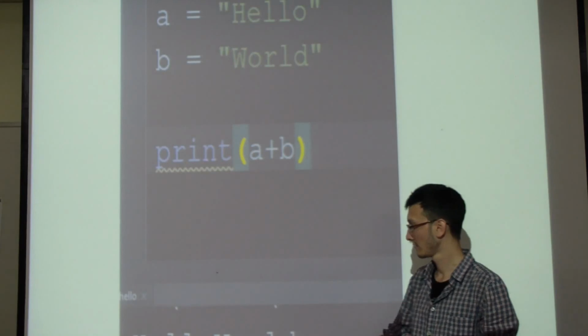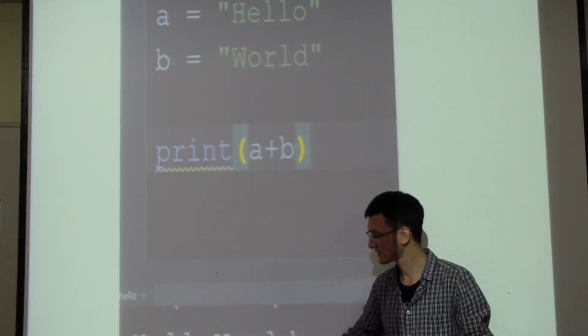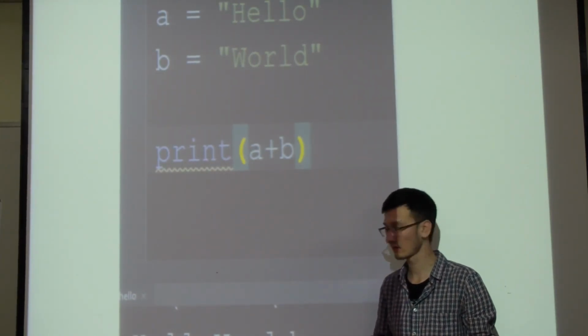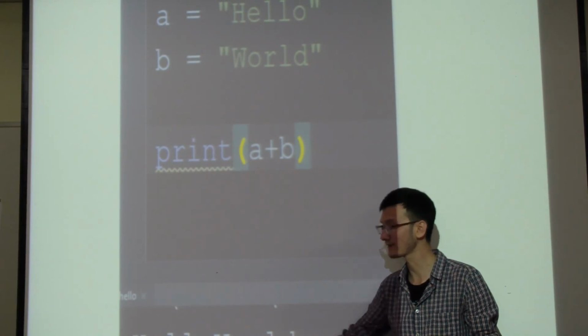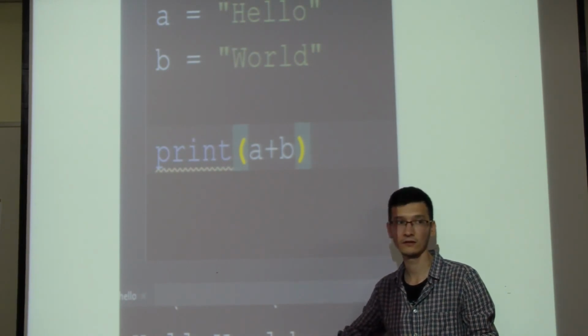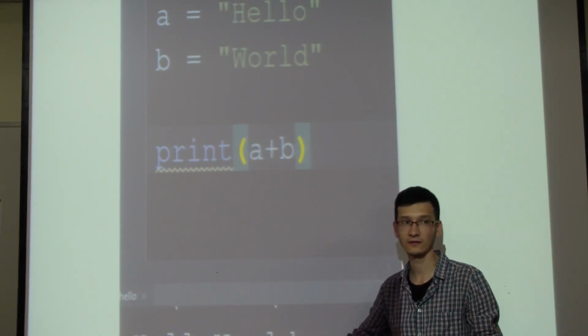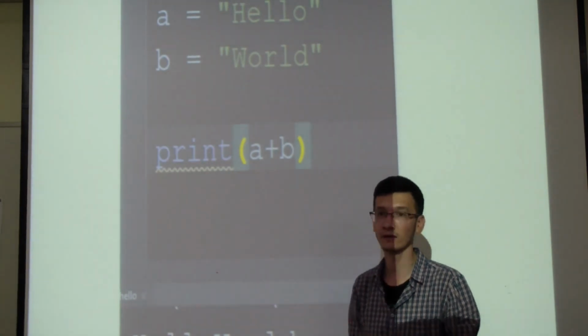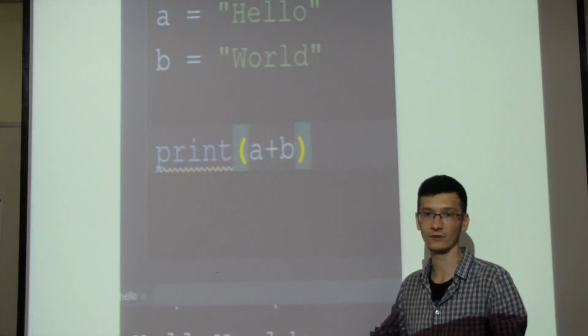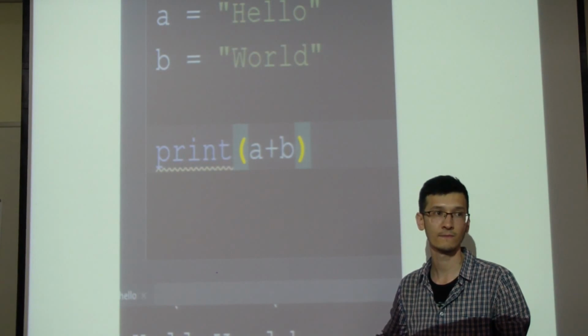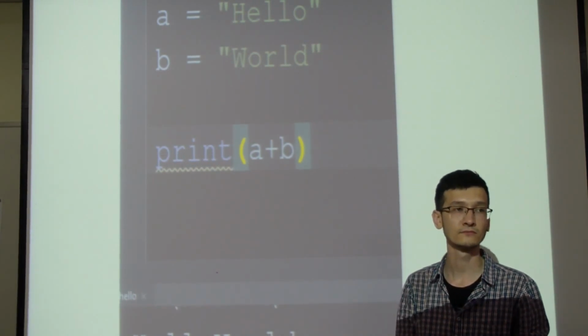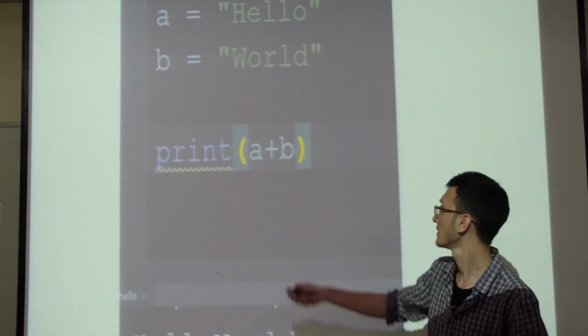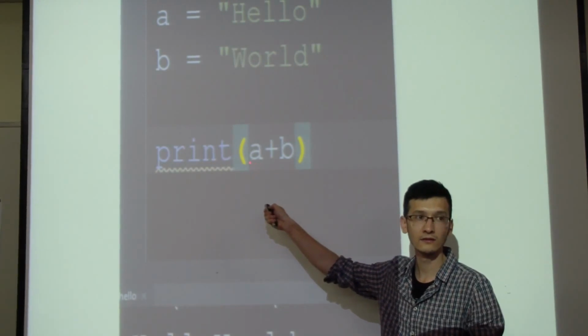However, these 2 strings, we don't have space here. But how can we separate them? What do you think? After A, comma? After A plus B?